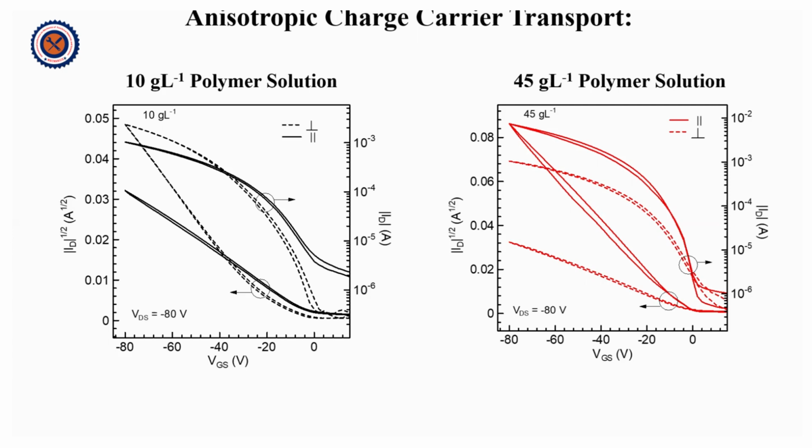This is because of the long range ordered polymer in 45 gram per liter. They are long range ordered, they have extended backbone, extended conjugation, and they are very closely packed aggregates in the 45 gram per liter polymer solution.